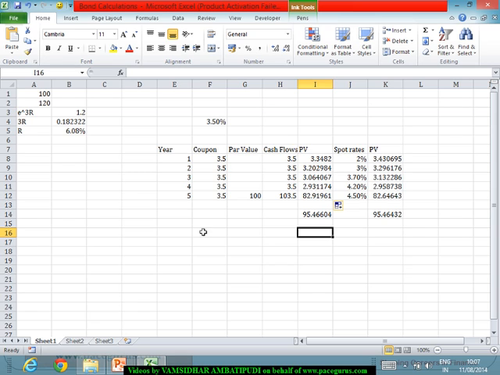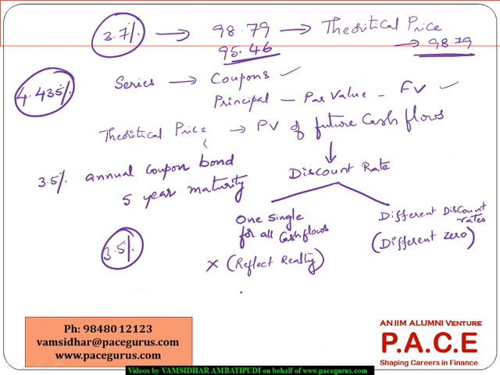In that case, the present value computed using that one single discount rate, as well as the present value I have got using the spot rates, both of them are leading to the same. That is where I am able to arrive at the arbitrage free value of the bond.